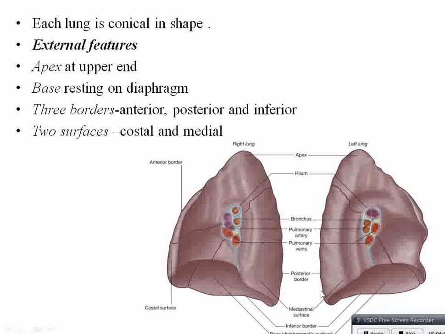Two surfaces: a costal surface, which is facing the ribs and the costal cartilage, whereas this surface, what you can see here, is the medial surface on both the lungs.